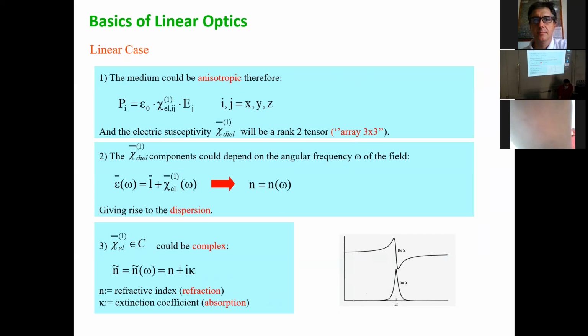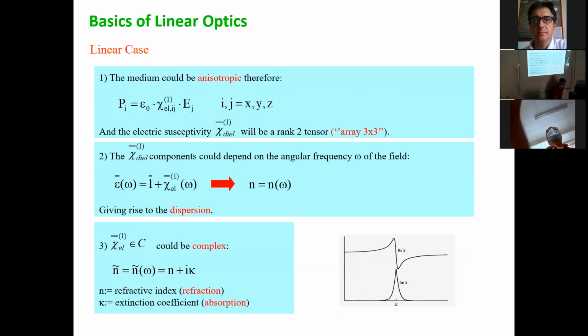It means that if you have a field with a component along X, for example, this can induce polarization which has got components along X, Y, and Z. Okay, so the susceptibility is a rank 2 tensor. That's to say, in our simple approach, a 3 by 3 matrix.